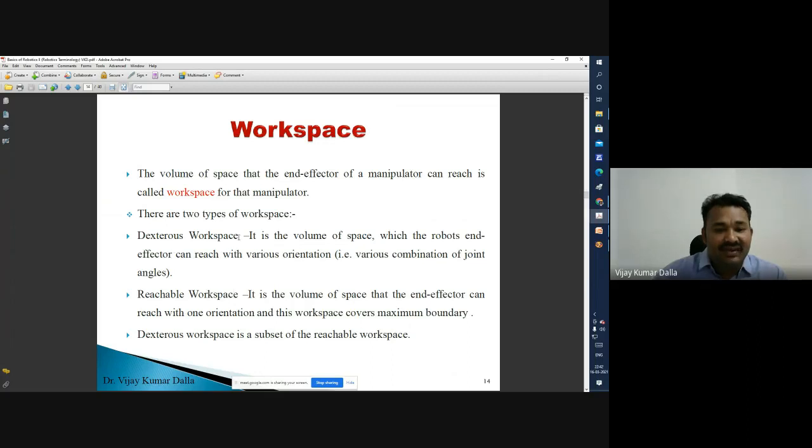In a dexterous workspace, a robot can reach a particular location with all the orientations. But in the case of reachable workspace, it can reach with only one orientation. A dexterous workspace is a subset of reachable workspace.